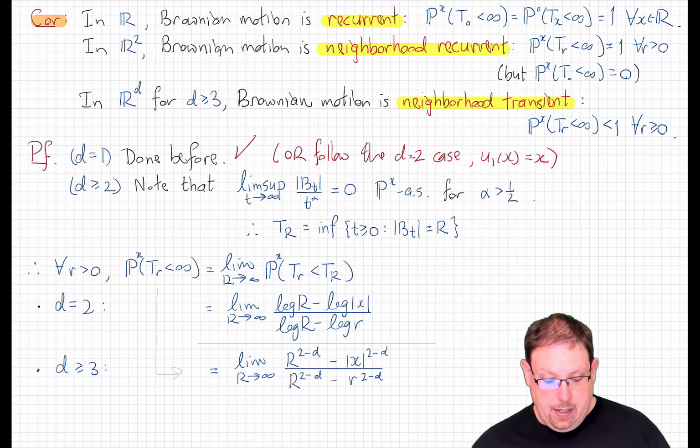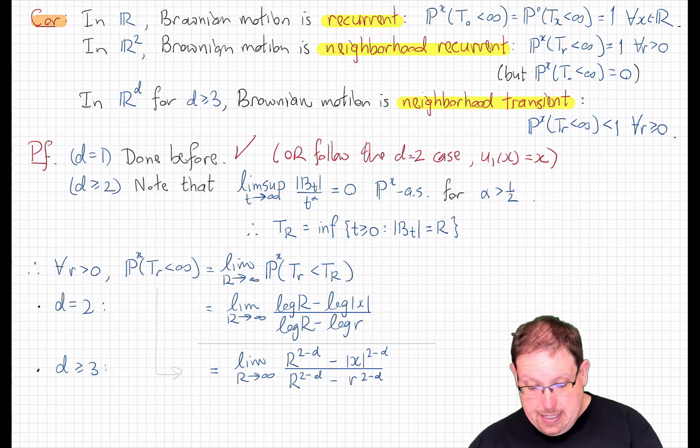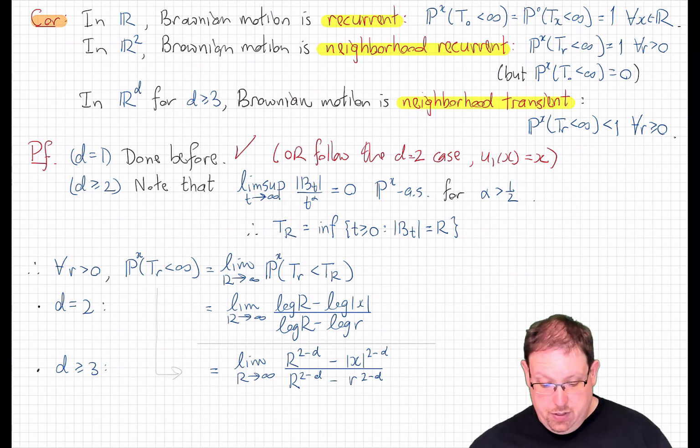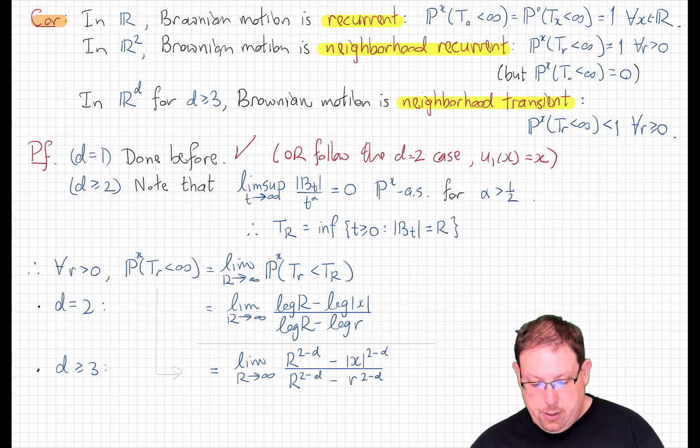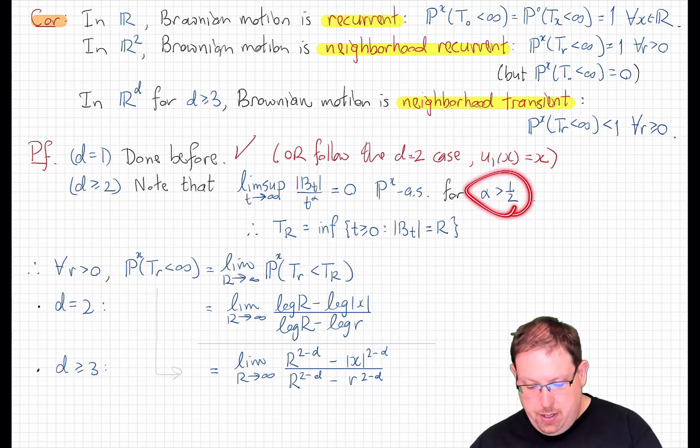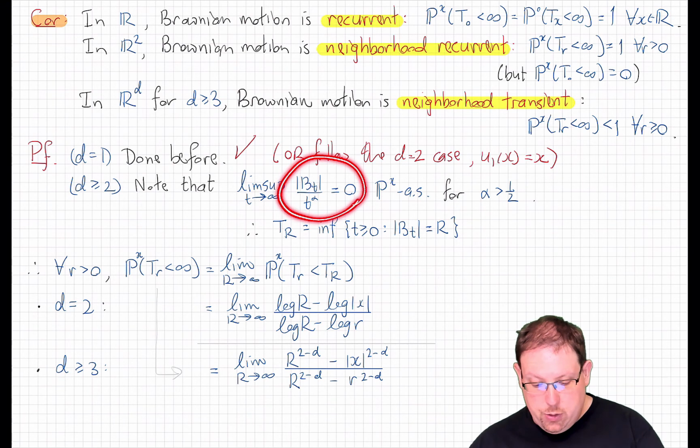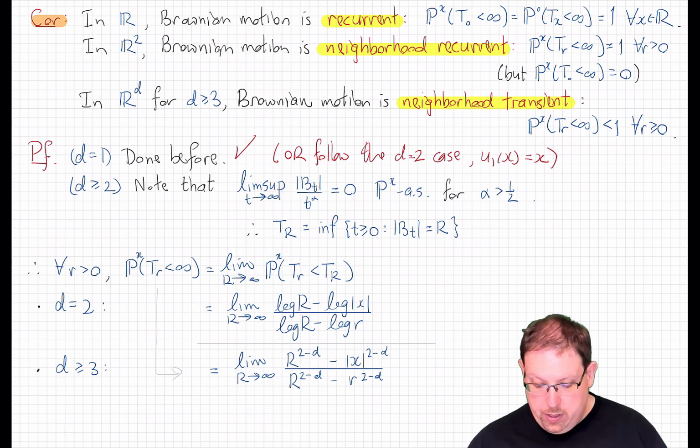So let's look at the case where d is greater than or equal to 2. The key observation is that T_r, the hitting time of the sphere of radius r, goes to infinity as r goes to infinity. And the reason for that is this complementary result that we proved back in lecture 55. That is, if I take the modulus of Brownian motion and divide by t to the alpha for some alpha bigger than 1/2, then that goes to 0 in lim sup, no matter where we start.